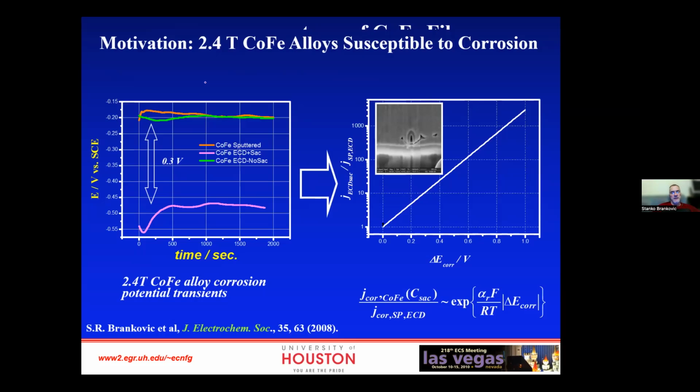The reason is that the corrosion properties of the materials that we electrodeposit in the presence of additives are usually much worse than the properties of the materials that we electrodeposit without additives.